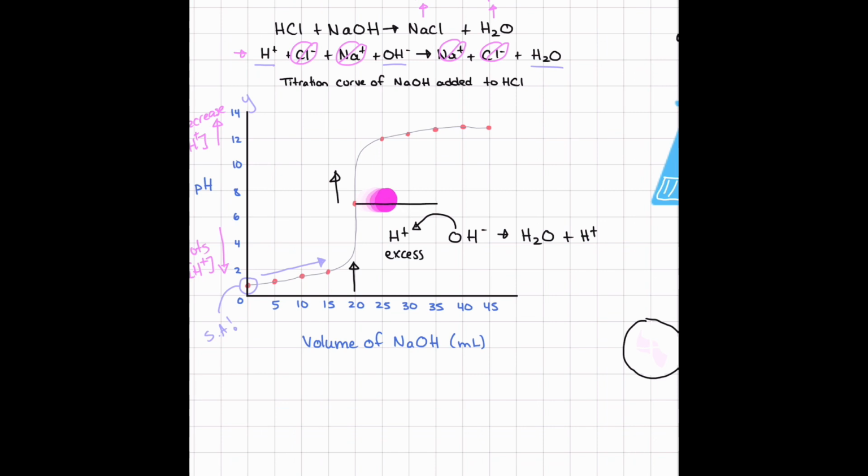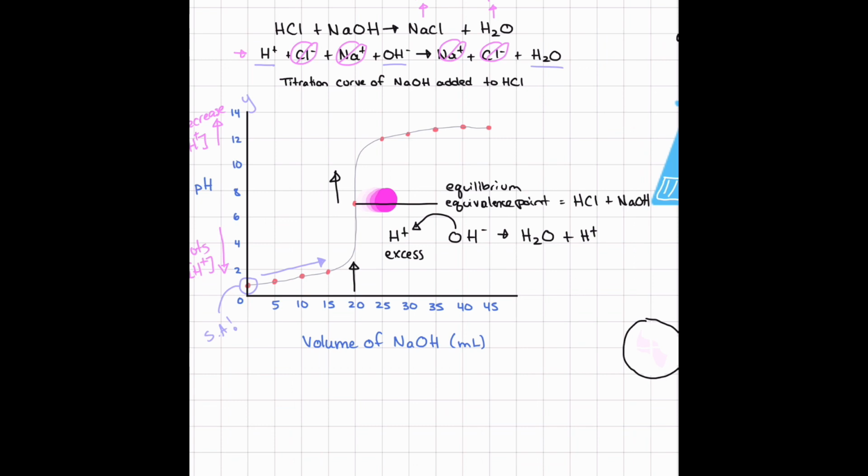At this point, the reaction has reached what we call an equivalence point, which means we have equal amounts of HCl reacting with equal amounts of NaOH. So they have the same equivalence.